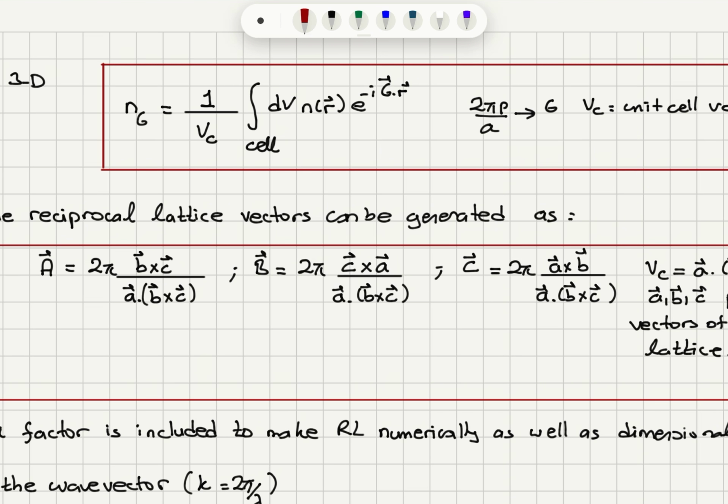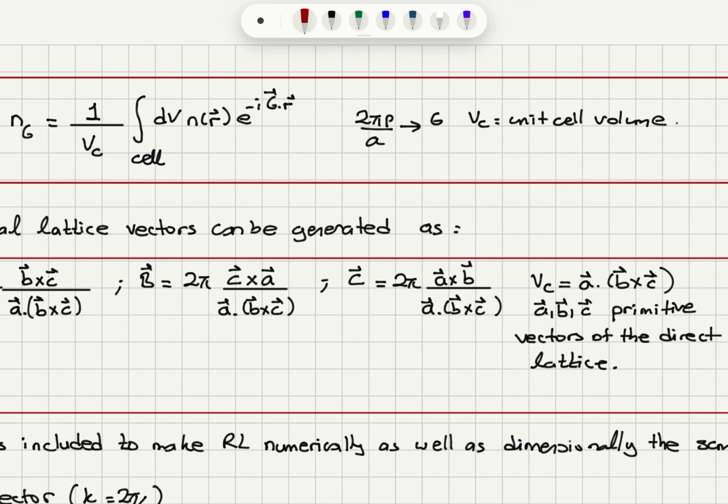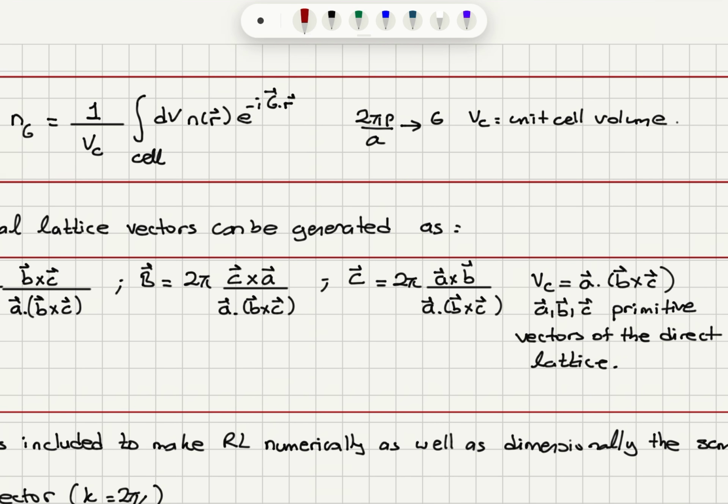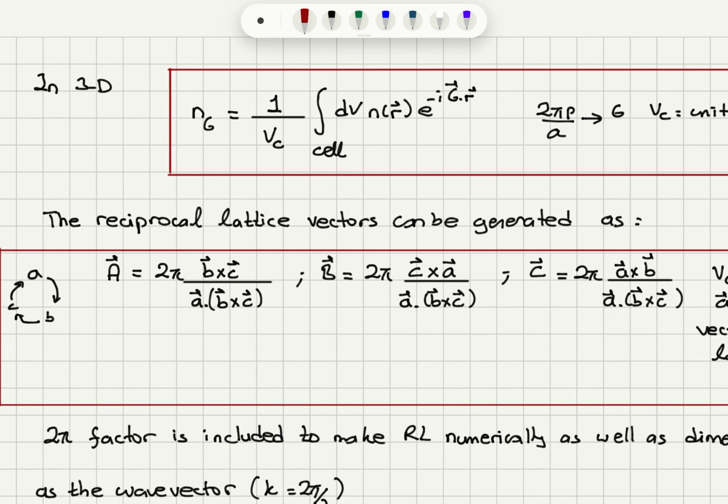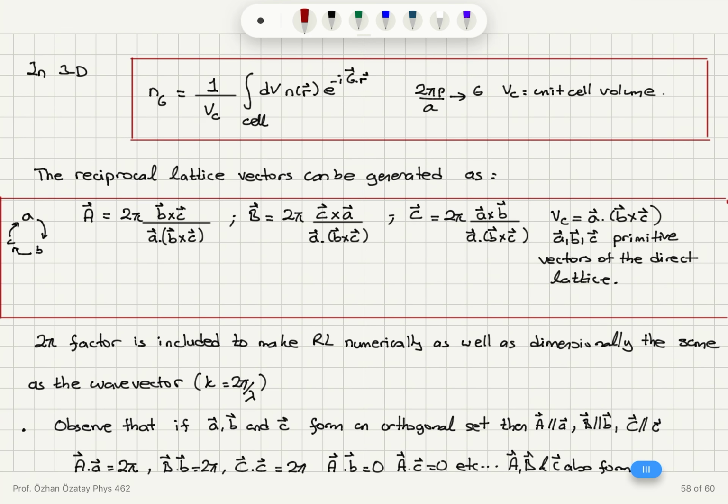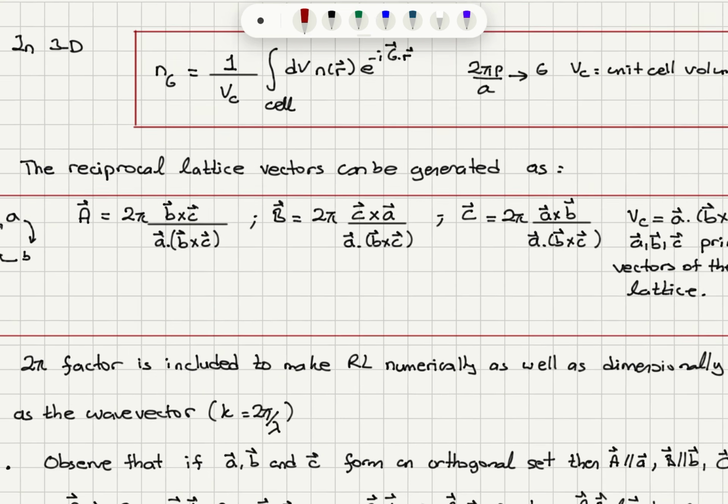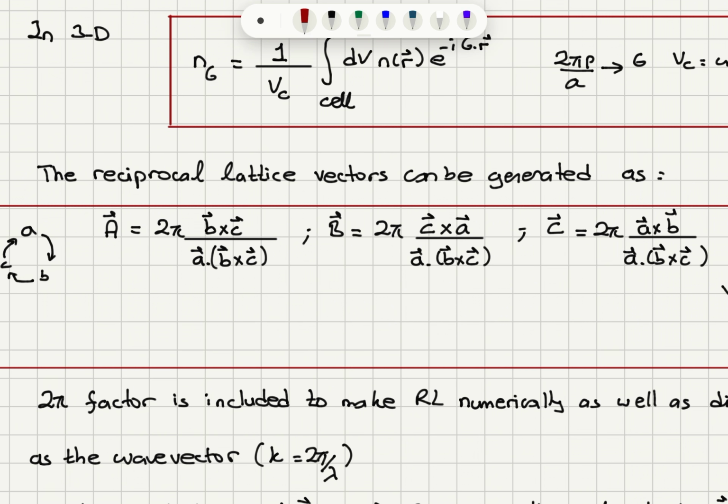So in the inverse Fourier transform, I have the integral of n of r multiplied with e to the minus iG dot r integrated over the volume. So 2 pi p over a is replaced by the reciprocal lattice vector G, and Vc is the unit cell volume.